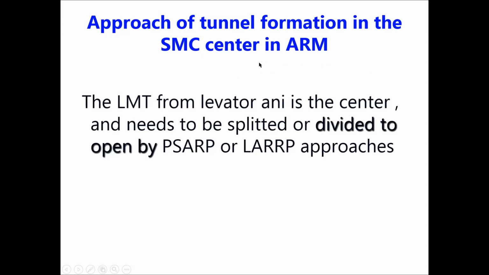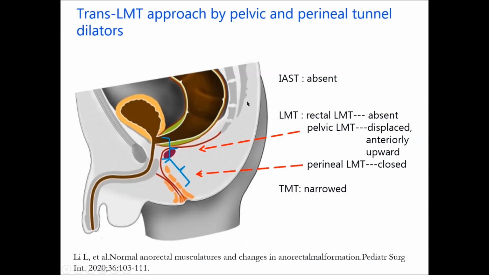According to our study, it's demonstrated that the longitudinal muscle tube from the levator ani is the center of the sphincter muscle complex. For the surgery, it needs to be split or divided to open, either by the PSARP or by the LAARP approaches. We developed the trans-longitudinal muscle tube approach for pelvic and perineal tunnel dilators.